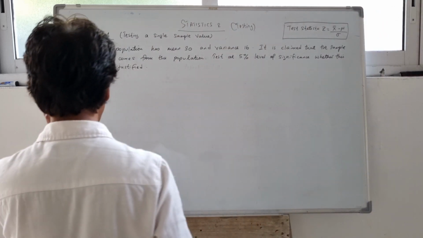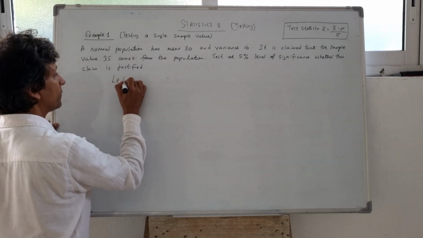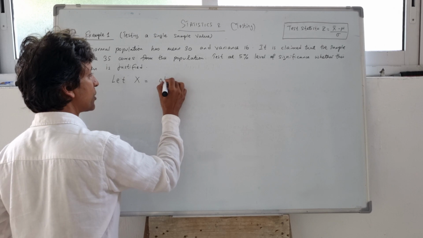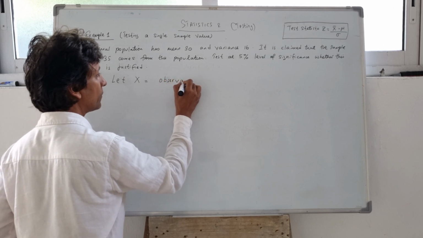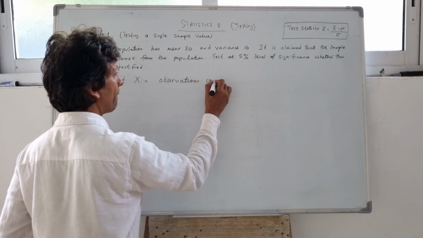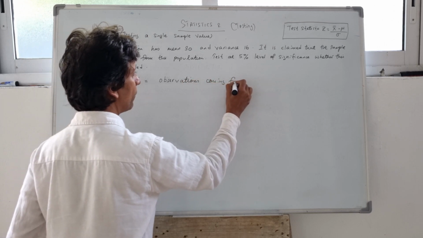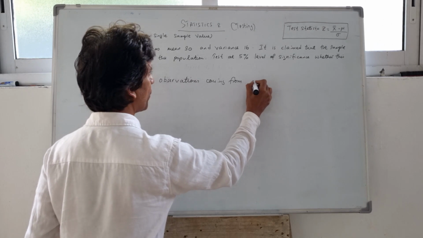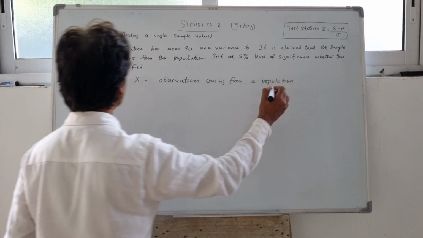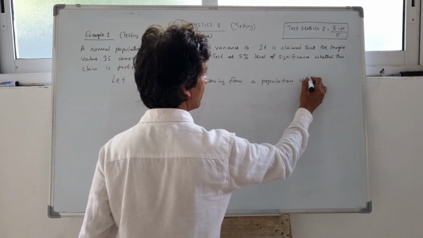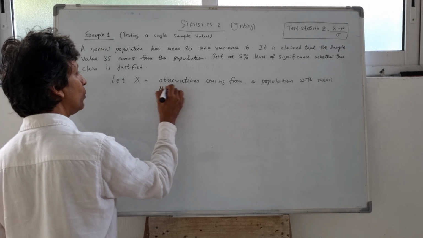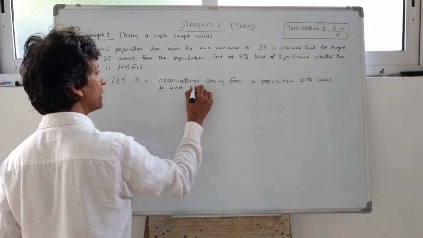Now, first of all, I'm going to let x equal the observations coming from a population with mean mu and standard deviation.